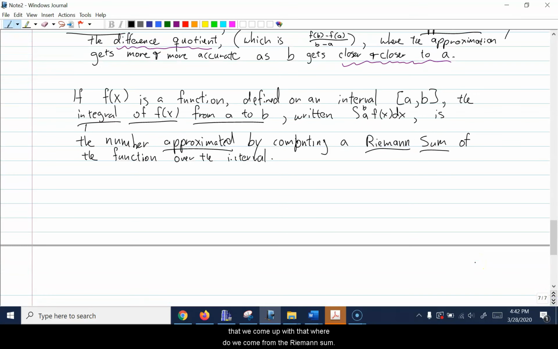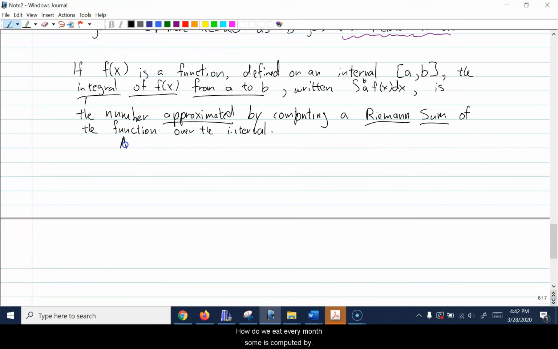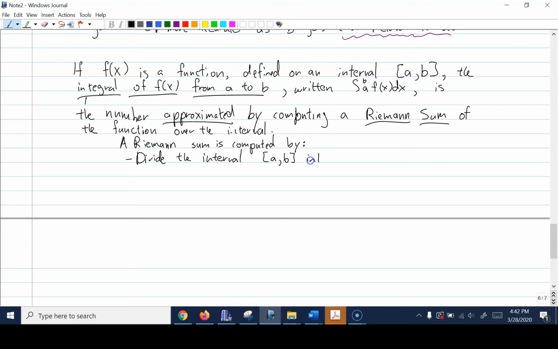Where does the Riemann sum come from? A Riemann sum is computed by first dividing the interval a to b into smaller subintervals.